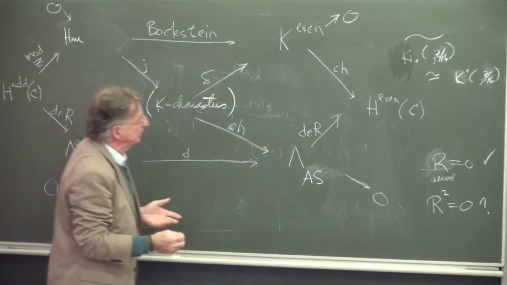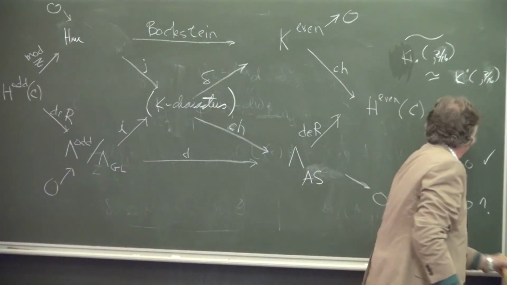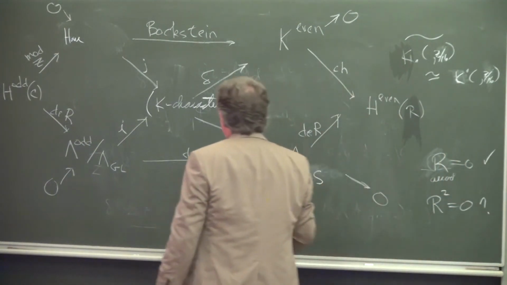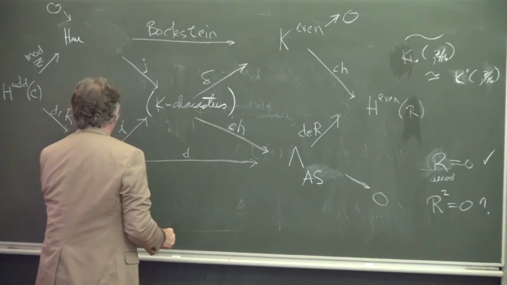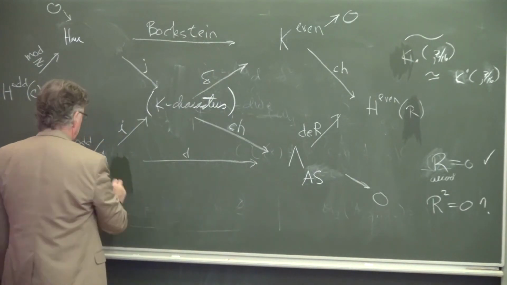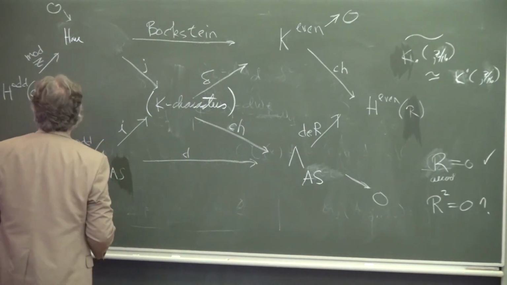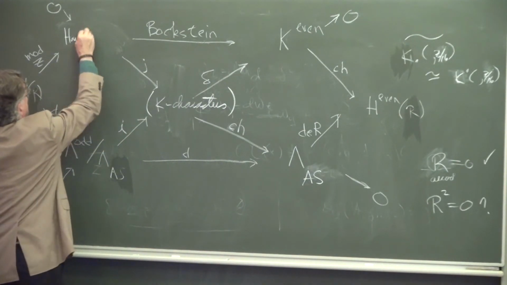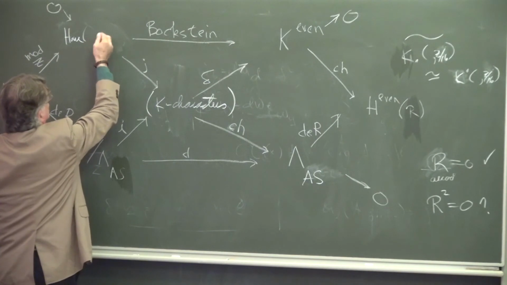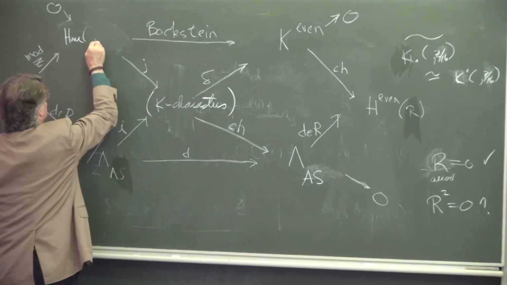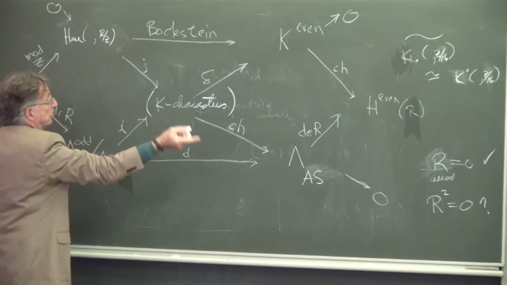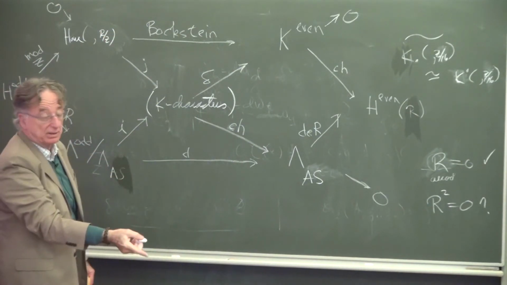Now I'm going to switch from C to R. So I'm going to work with unitary connections. And there's a singular version here, the R. And then this is HOM of something into R mod Z. So I replace C mod Z by R mod Z. Okay?